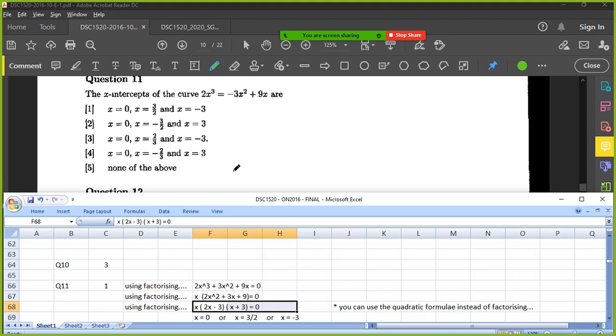Is my sign correct? Let me check here. Oh, okay, I see. This is 2x to the 3, plus 3x squared minus 9x. Otherwise it's not in line with my working. Right, minus 9, and that's right. So minus 3 times plus 3 is minus 9.